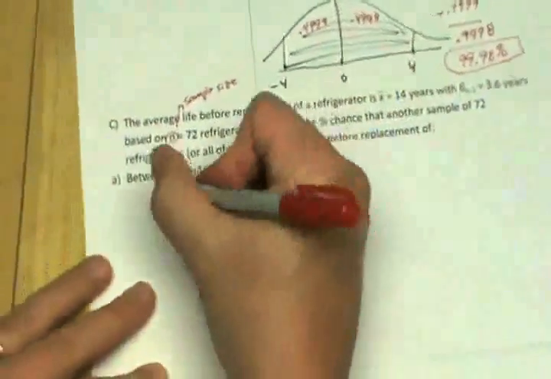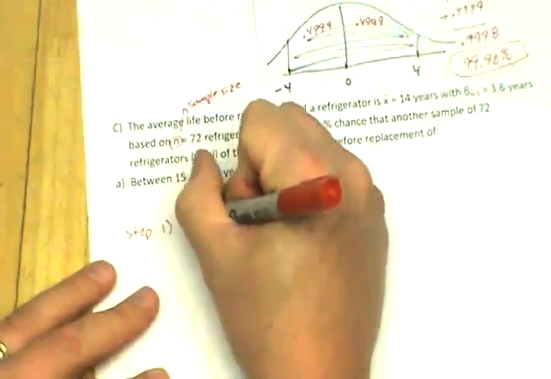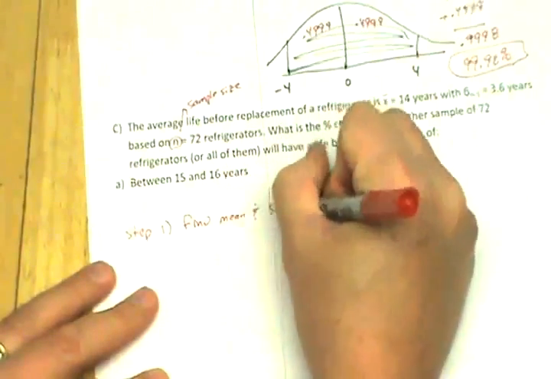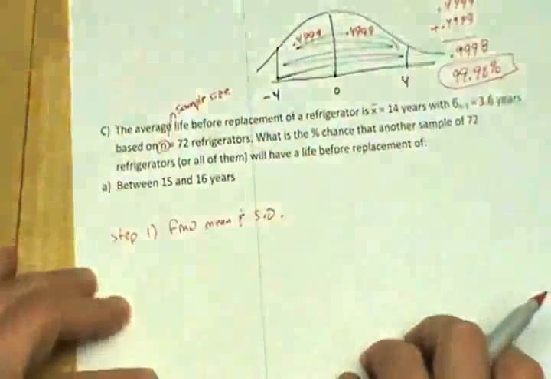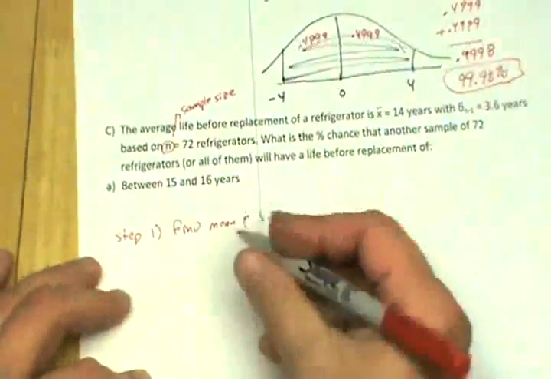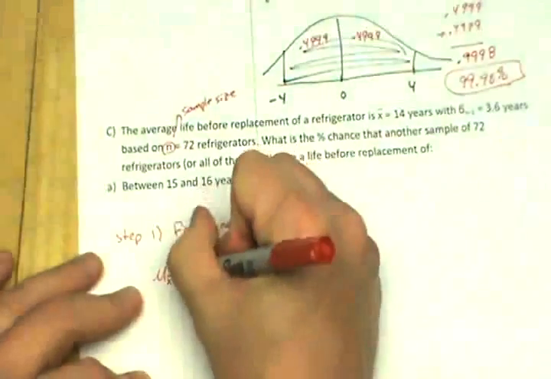Okay, so it's 3 steps. Step 1, find the mean and standard deviation. The fact that it says sample right here, that little n means sample. Sometimes they put the word sample in the question, sometimes they use n. We need a mean of mu sub x bar, and the mean is 14.